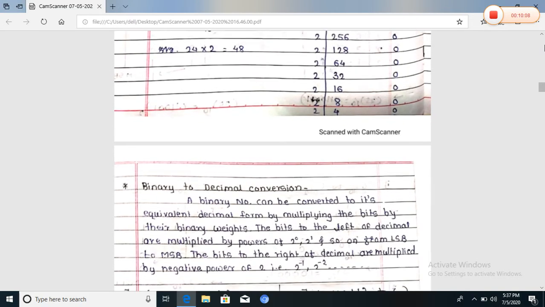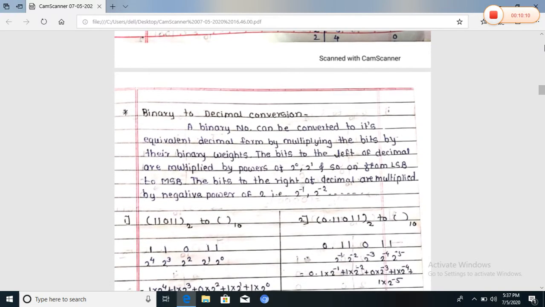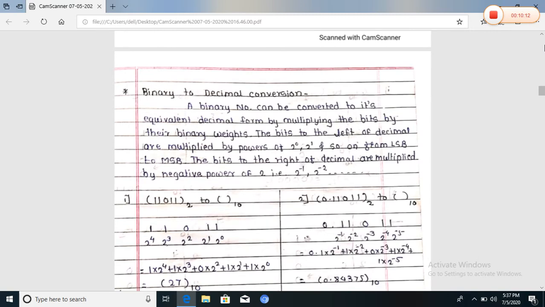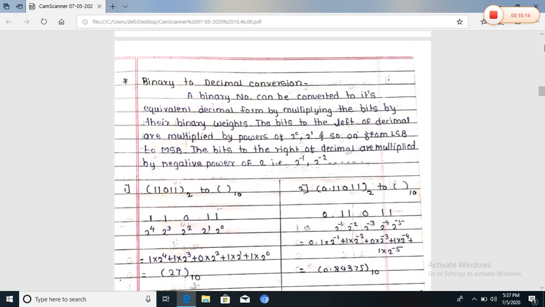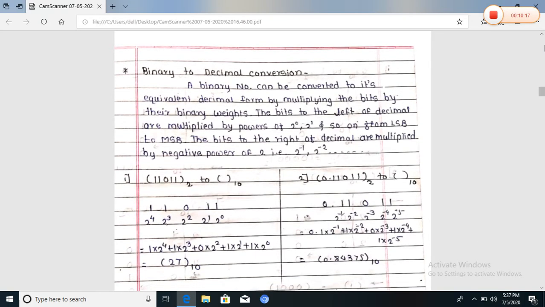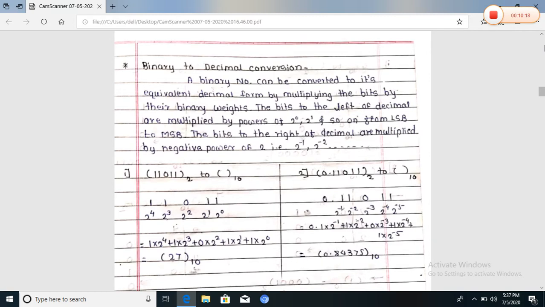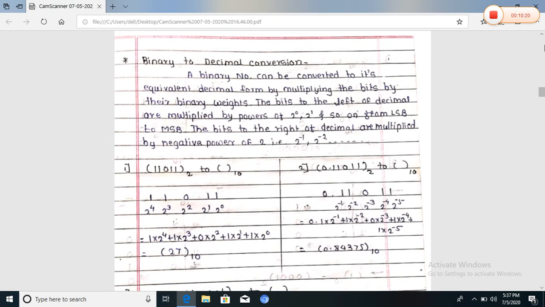Next conversion, binary to decimal. In the last point, we converted decimal, base 10, into binary, base 2. Now for binary to decimal conversion, a binary number can be converted into its equivalent decimal number by multiplying the bits by their binary weights.